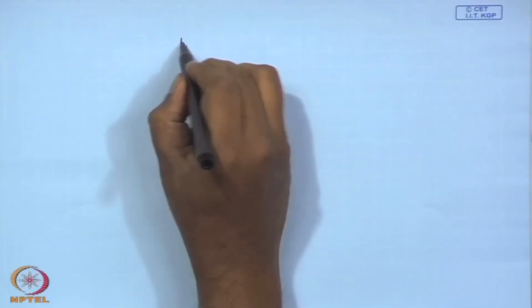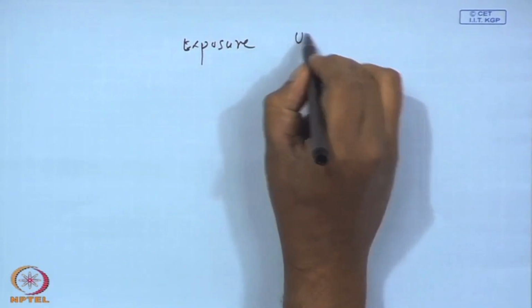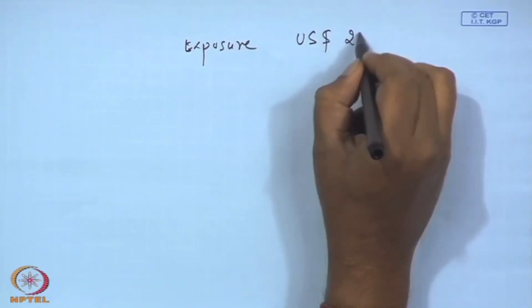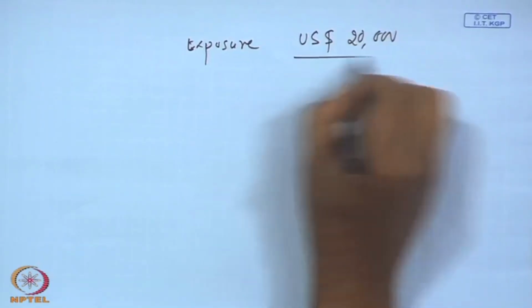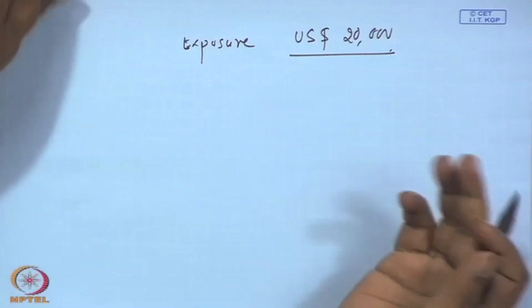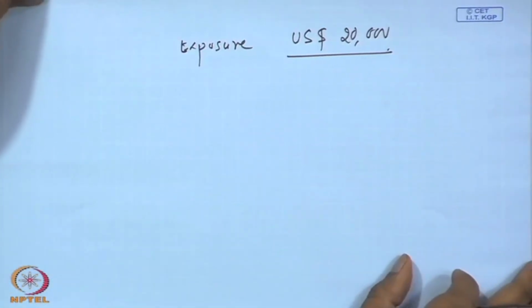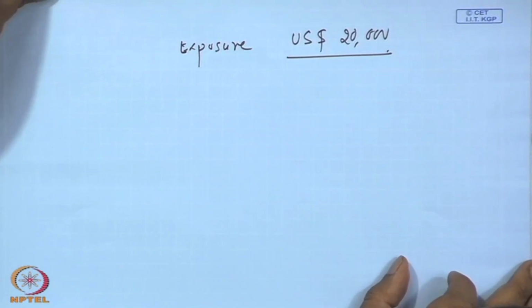Now, what will the future contract price be? How many contracts does he have to purchase? You have to calculate quickly. His exposure is US dollar 20,000. Since he is receiving US dollars, he has to sell the US dollars in the future. So, you have to purchase a sale contract.